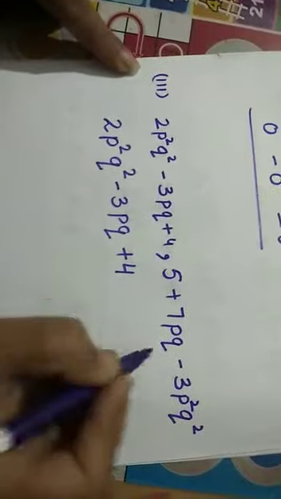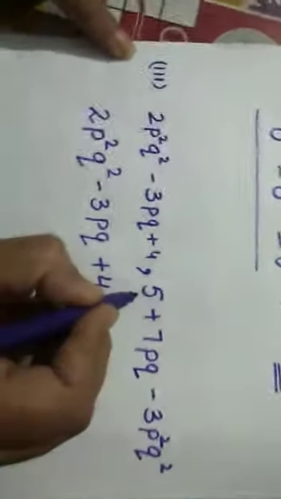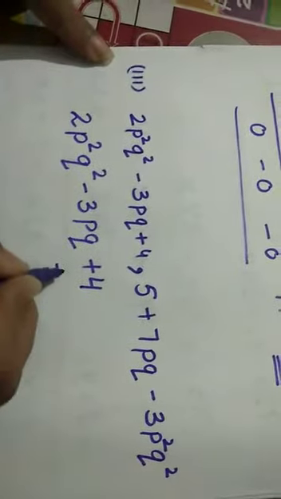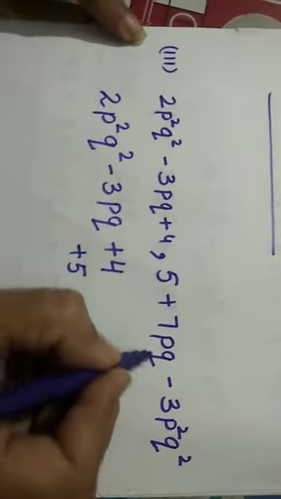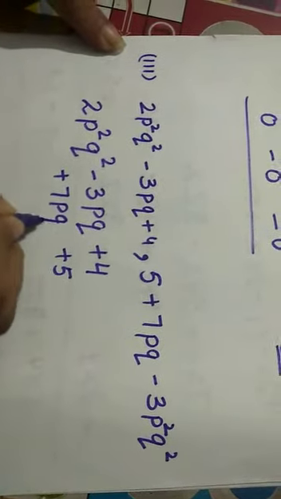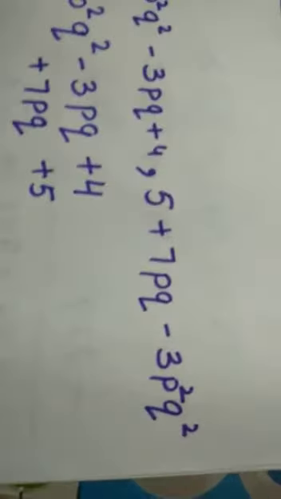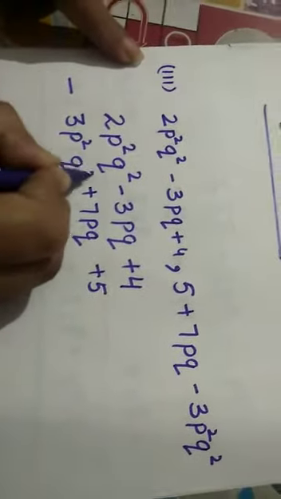Now second expression, first one is given to you 5, so we'll write it here, plus 5, plus 7pq. Then next we have minus 3p square q square.